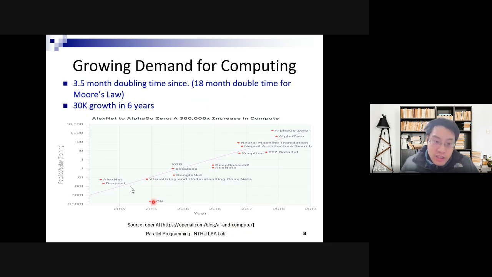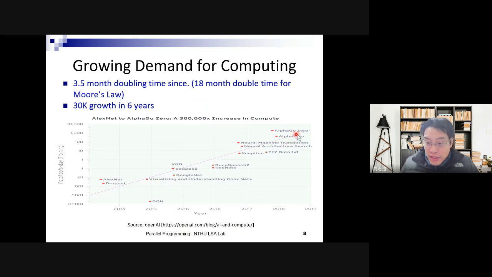So you can see this is the log scale, and this is the amount of computing capacity you need in order to train the latest model at that time.